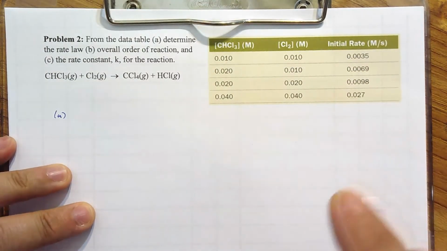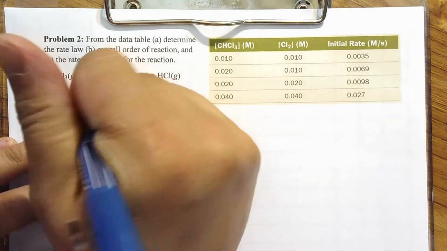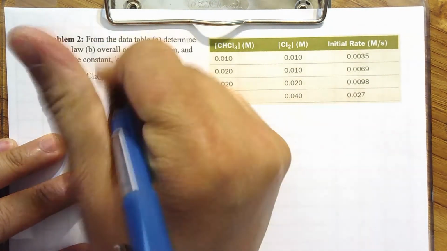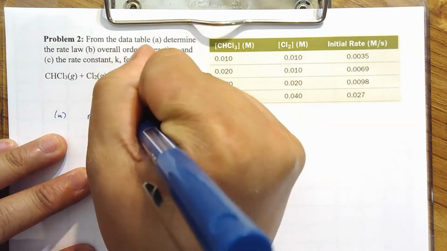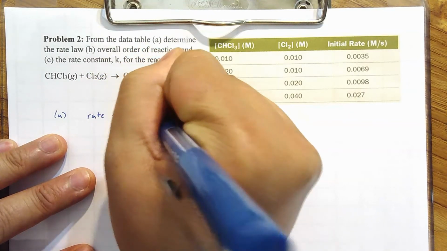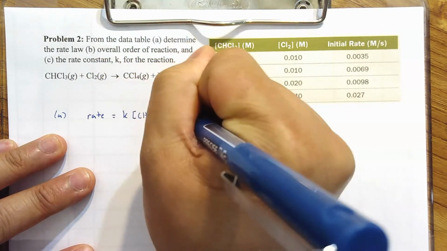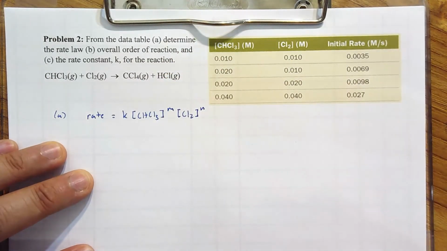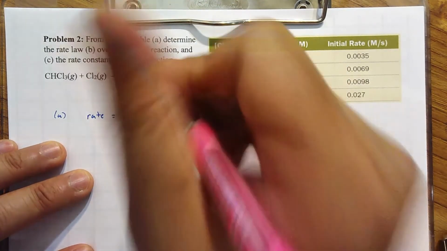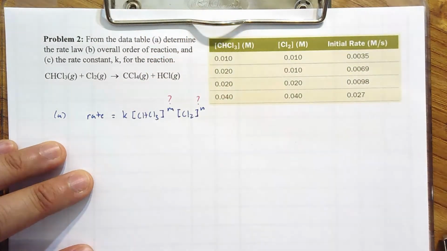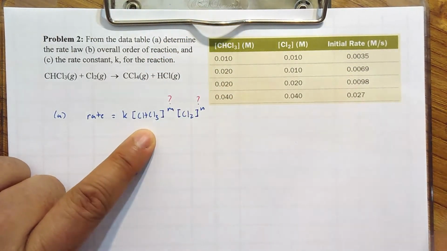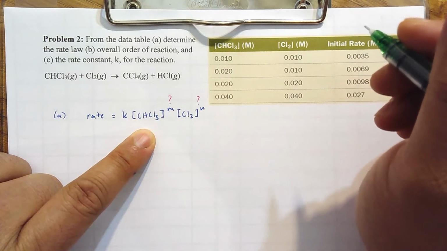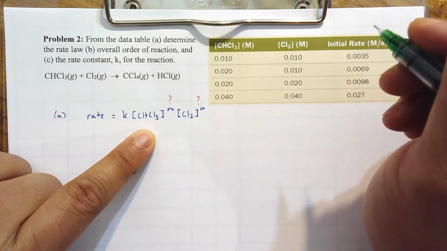Okay. Let me get down the rate. I feel a lot more comfortable if I have the rate law in front of me. Rate equals k times CHCl3 raised to the m times Cl2 raised to the n. And yes, we've got to figure out m and n. Let's start with CHCl3, that is chloroform.